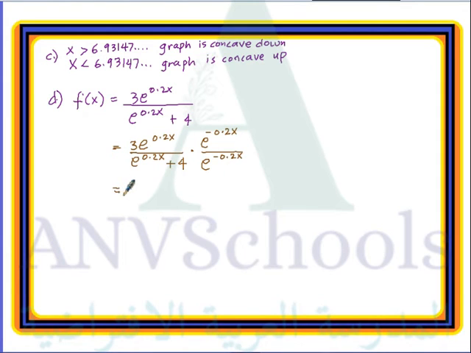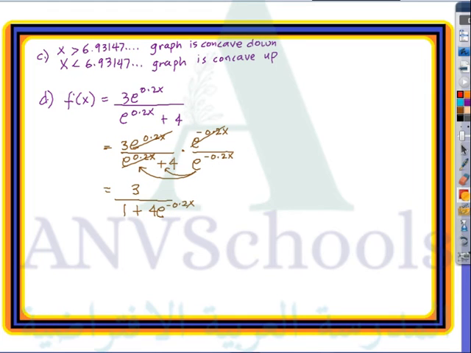This one will be cancelled, this will become 1. And in this portion it becomes 1. So we will have 3 over 1 plus 4e raised to negative 0.2x. So this is our answer.